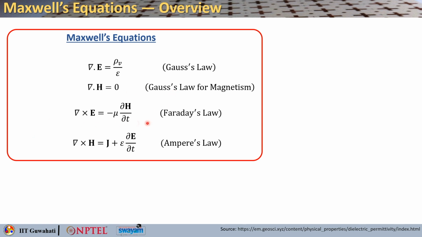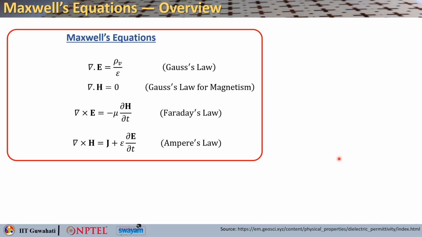The next two are the curl equations, curl of E and curl of H. These are Faraday's law and Ampere's law, but you will see that Maxwell made a very important contribution here and combined these 4 equations to describe the electromagnetic phenomena of light, and that is why this set of 4 equations bears his name.